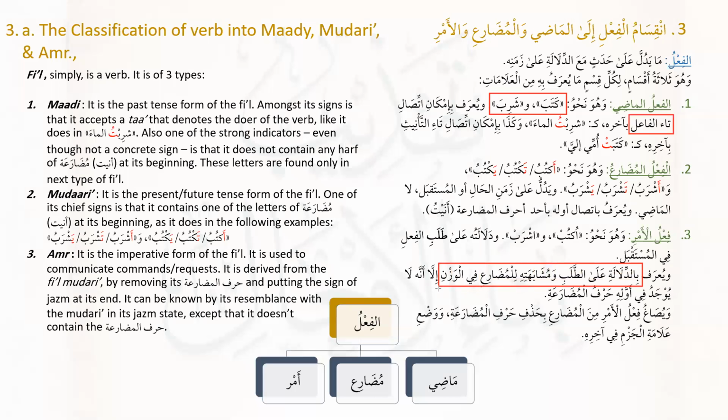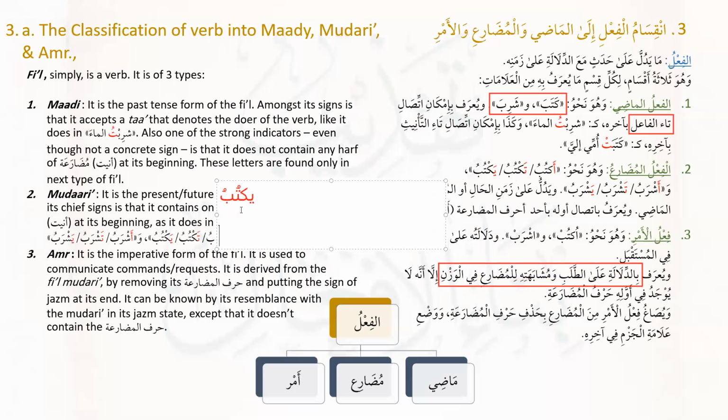One of the other signs of فعل أمر is that it resembles the مضارع in its وزن. So for example, يا إخوان, in مضارع you have يكتب, right? So the pattern of فعل أمر would be similar, that is اكتب. So it's similar to the مضارع in its wazn, whereas the ماضي is كتب.